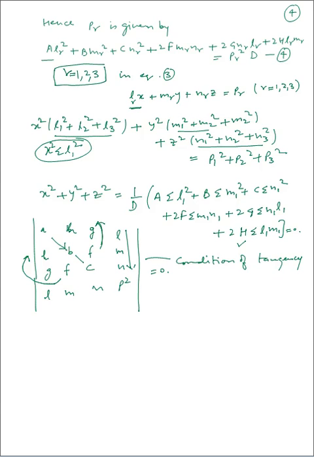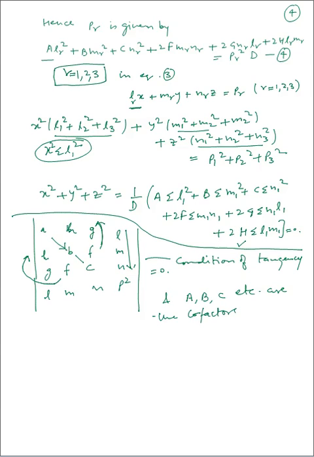In question 2, A, B, C, etc. are the cofactors of the corresponding small letters in the determinant, not in this determinant.